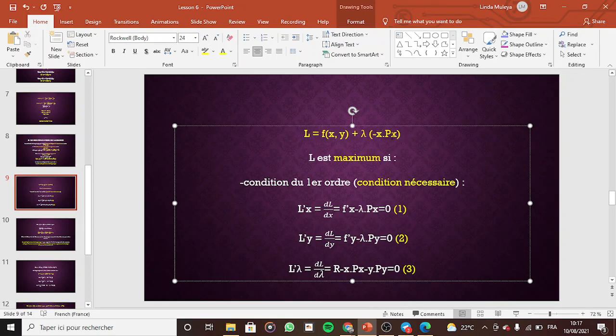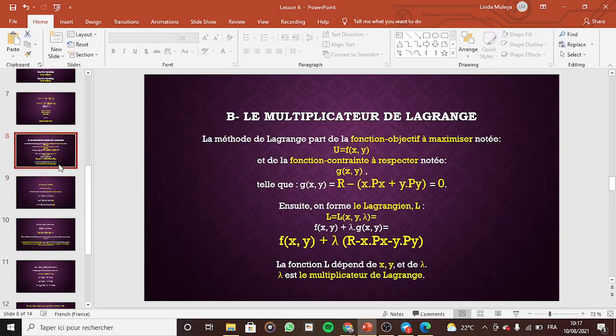We had an x here. Previously there was another value there that we eliminated, so we'll come back here. This is our entire formula: f of x of y plus Lagrange multiplied by r minus x times price of x minus y times price of y.